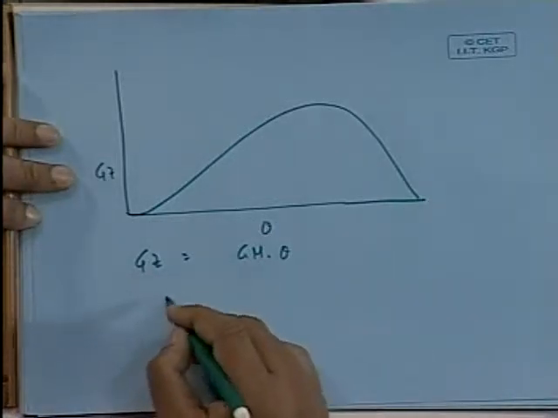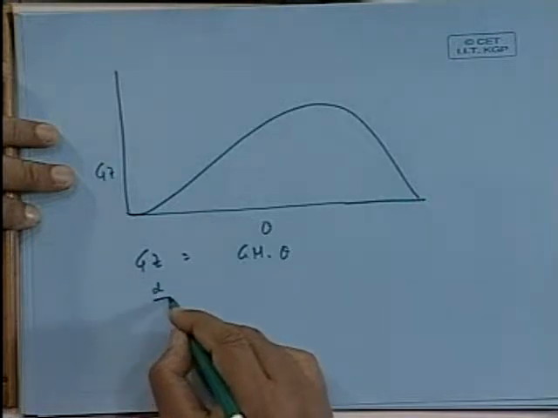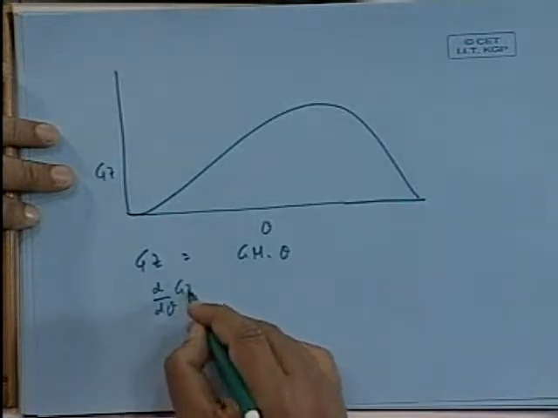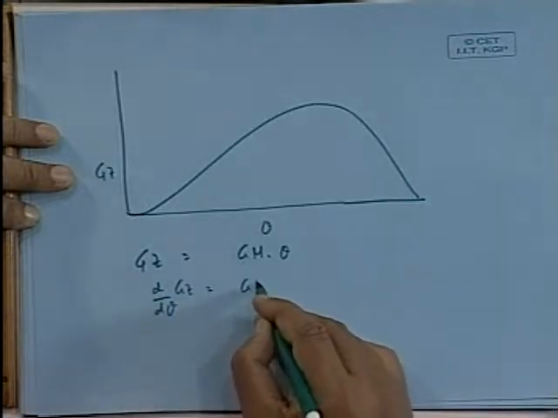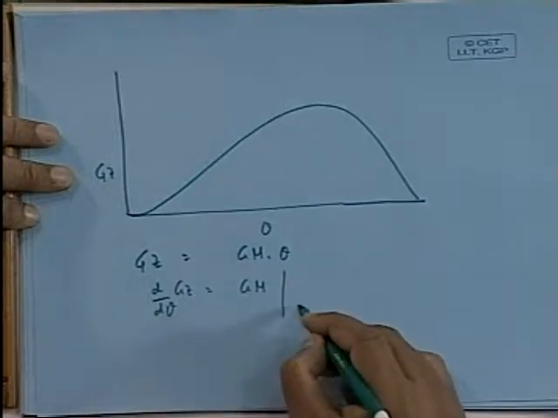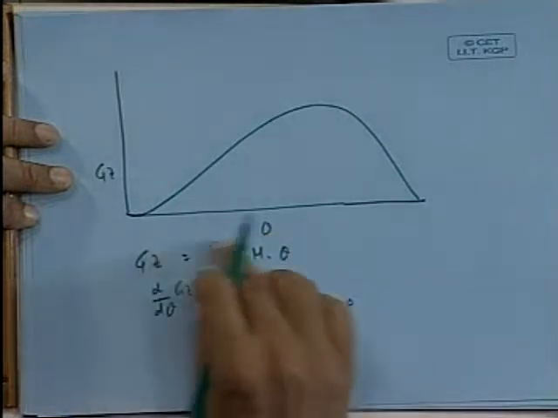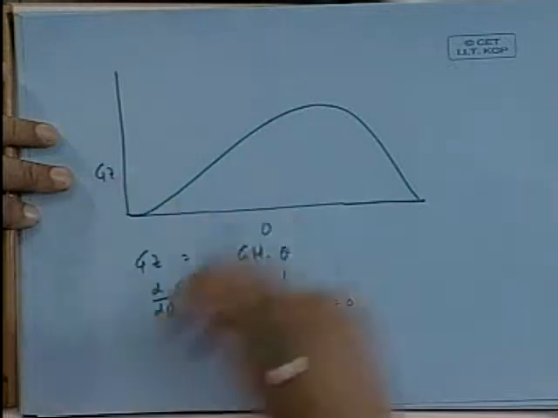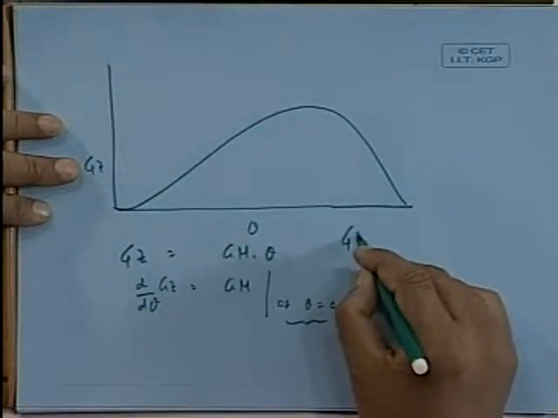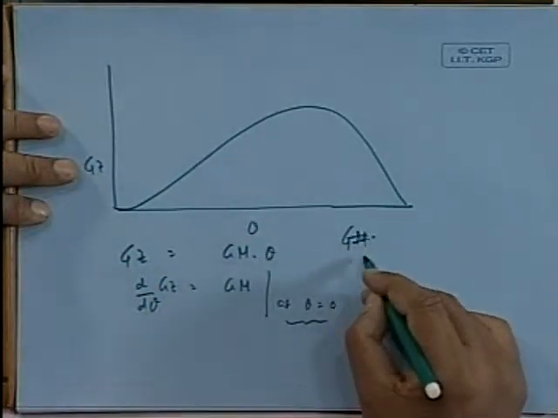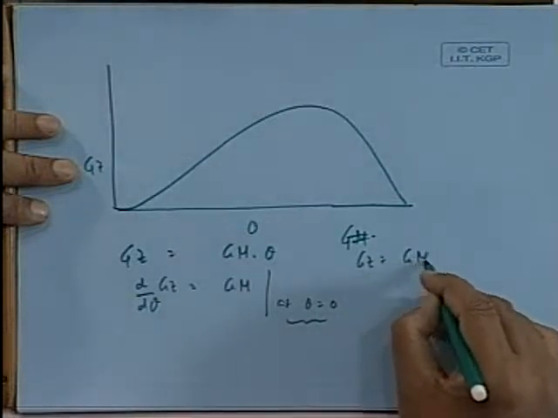Now you will see that if you do the d by d theta of GZ, that gives you GM at theta equal to 0 degree. This is important, at theta equal to 0 degree. So this concept is only at theta equal to 0 degree. In fact, we can go other way around. Better way to do is to say that GZ equal to GM sine theta.